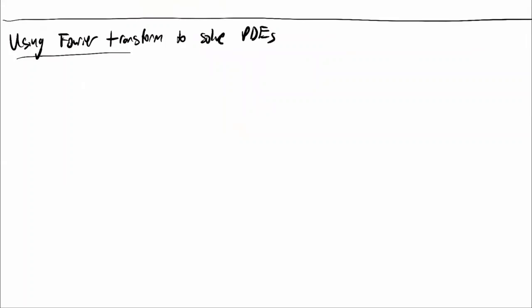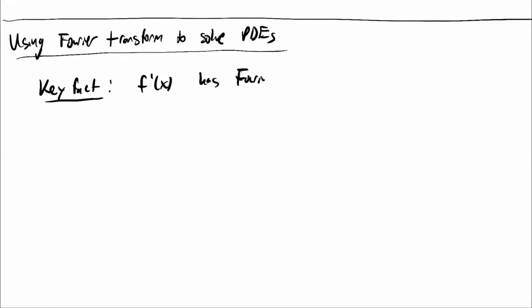The key fact, which I mentioned before, is that if I look at the derivative of a function with respect to the variable x, the Fourier transform of this is iξ times the Fourier transform of the original function.